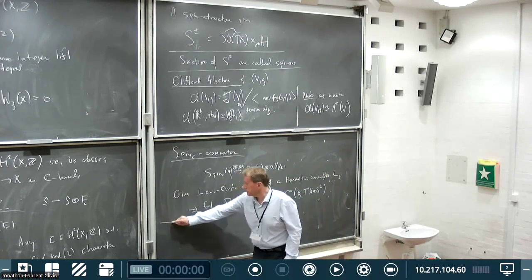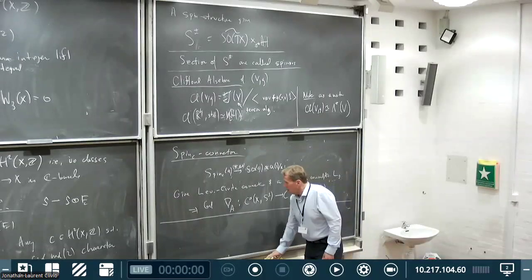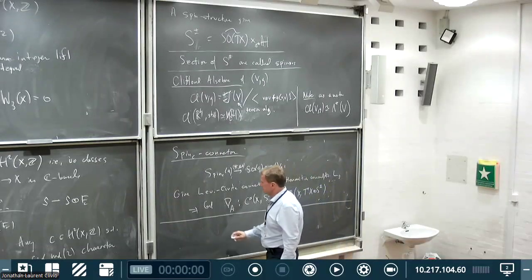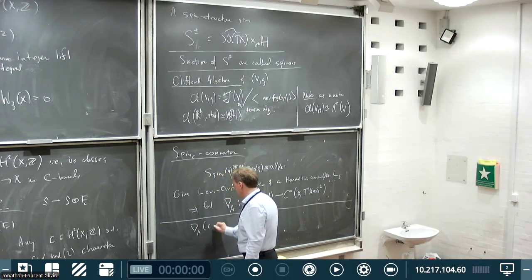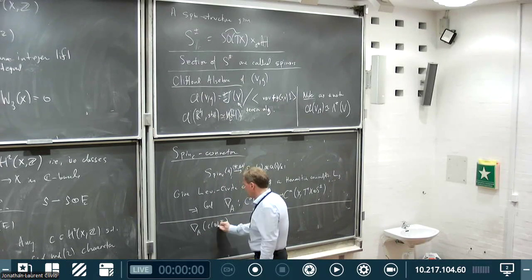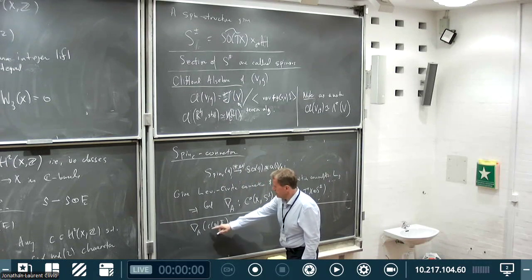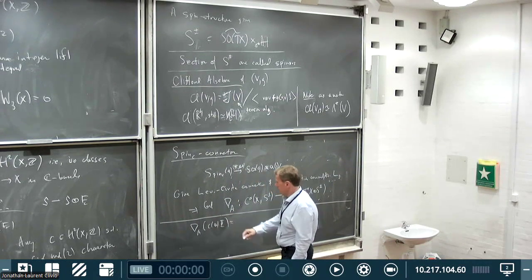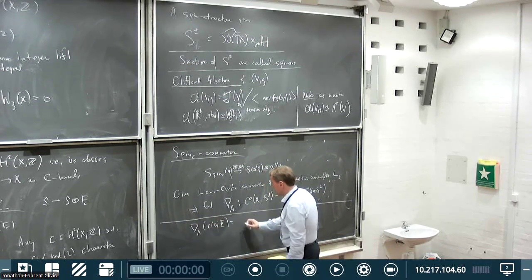Now, an exercise is to see that spin C connections play well with the Clifford algebra. So if I take the covariant derivative of some form acting on a spinor, then I just get the Leibniz rule. So Clifford multiplication is parallel.